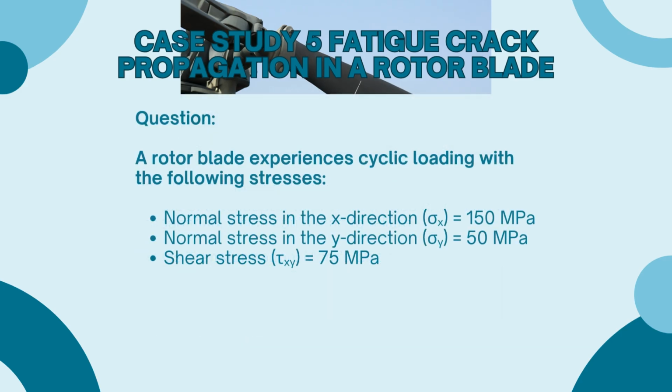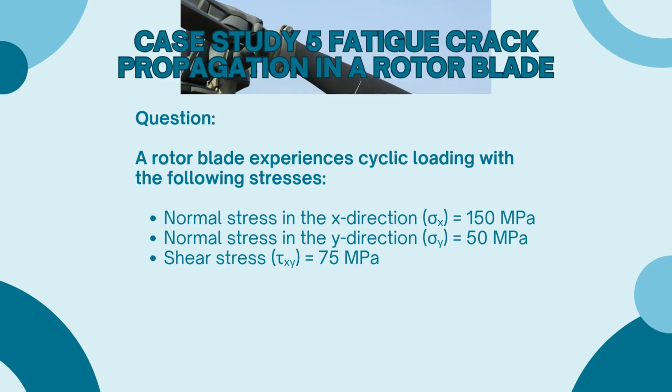This helps engineers identify areas of maximum shear stress, which are most susceptible to fatigue failure. Outcome: the analysis helps refine the rotor blade's design by reinforcing areas prone to fatigue failure, ultimately extending the blade's lifespan and improving the helicopter's safety and reliability.